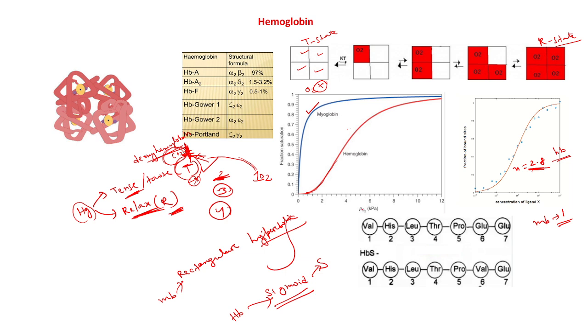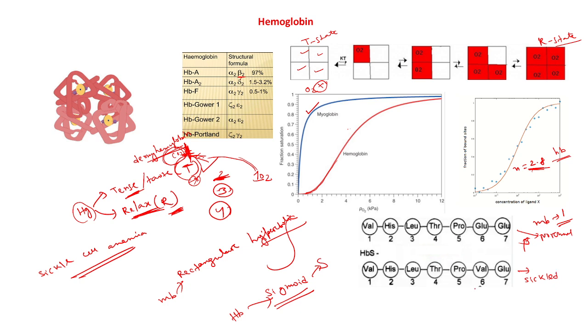Okay. So now one is called sickle cell anemia. This is the structure of the beta chains, beta 1, beta 2, of the hemoglobin. This is the normal one, and this is the sickle.